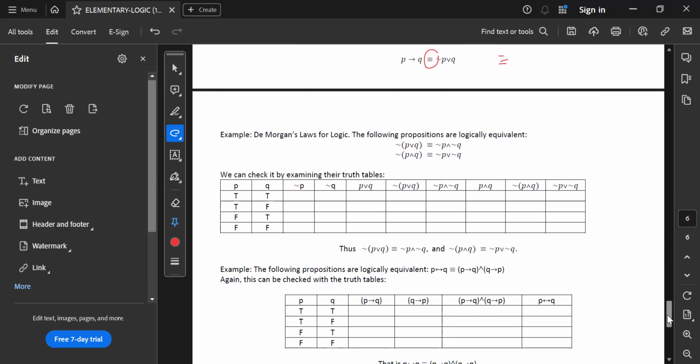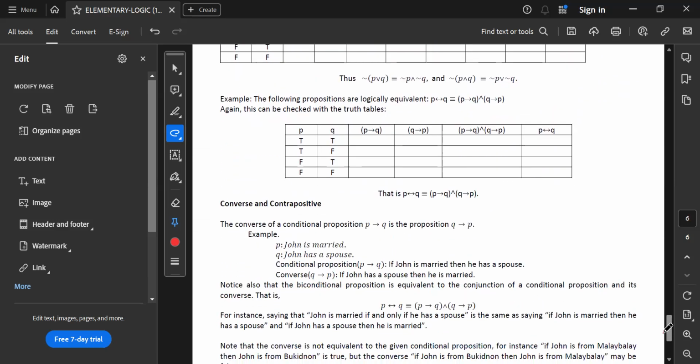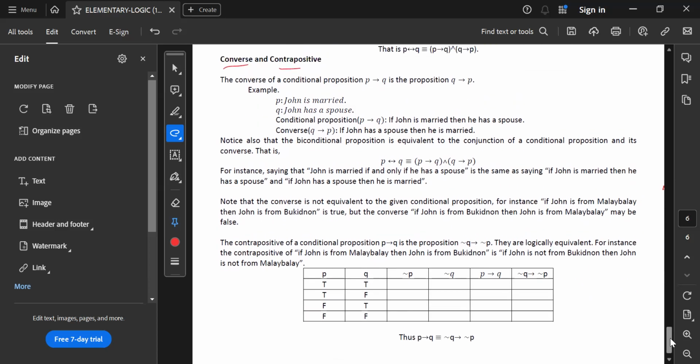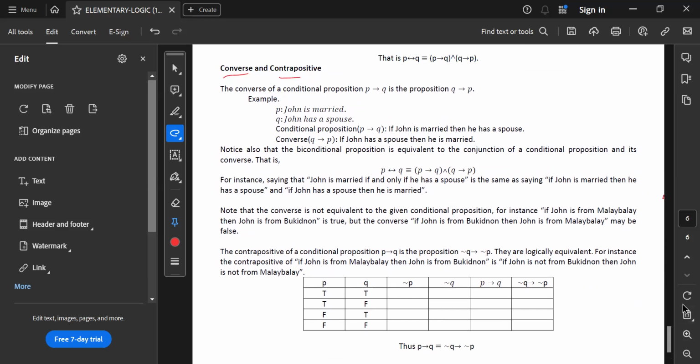So, pwede ra ka mag-complete ani nga mga next tables. And then the last is si converse and contrapositive. Gagamit ni siya sa concept sa logical equivalence. Basically, ang meaning lang ani, muingon daw kuno ta og converse sa isa ka statement.